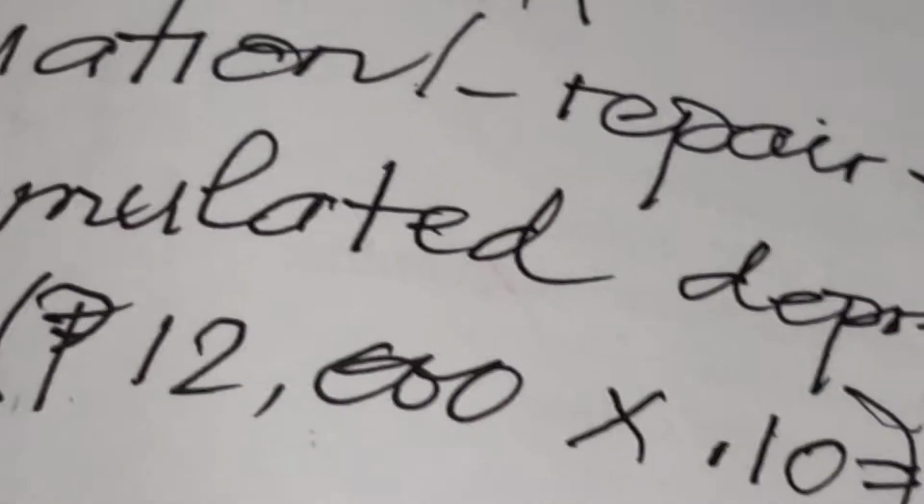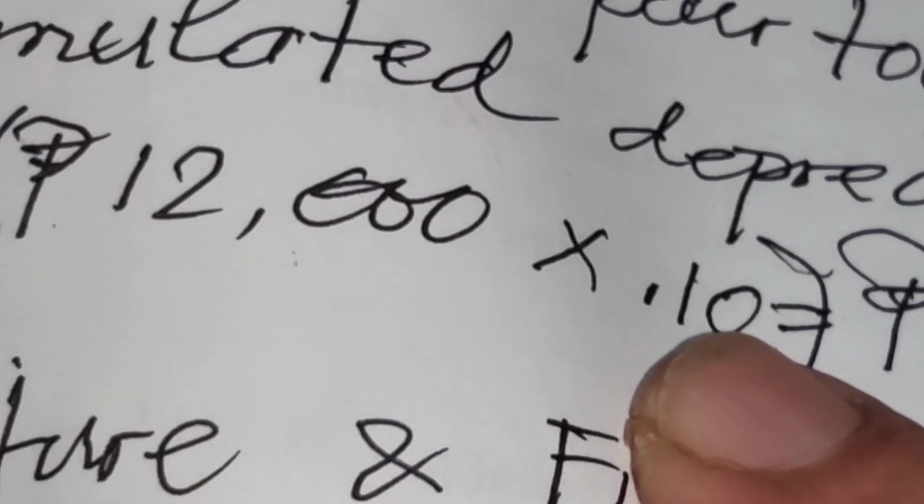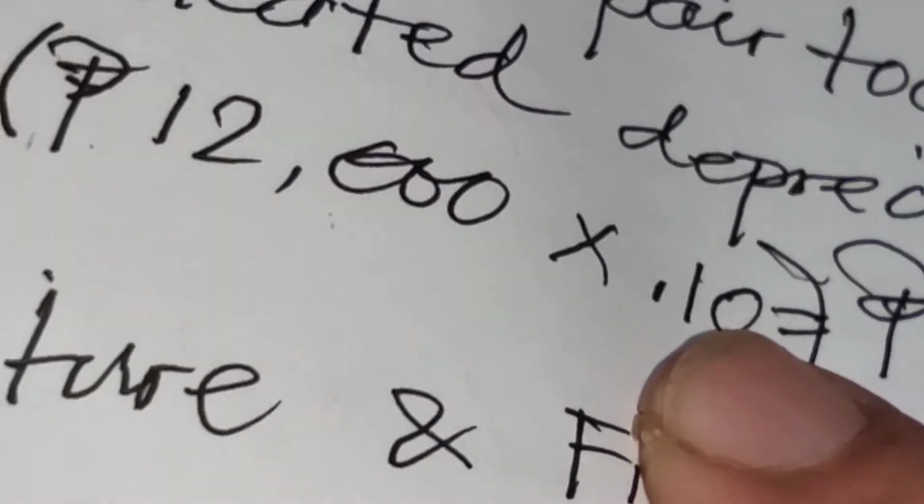So for the repair tools, 10% of 12,000, 0.10 times 12,000, is equal to 1,200, because it says repair tools are depreciated at 10% per annum. Whatever the amount, 10% of it is your depreciation. So, you debit depreciation expense.